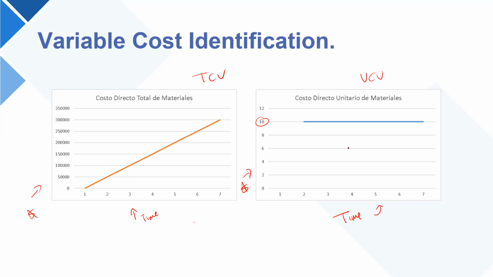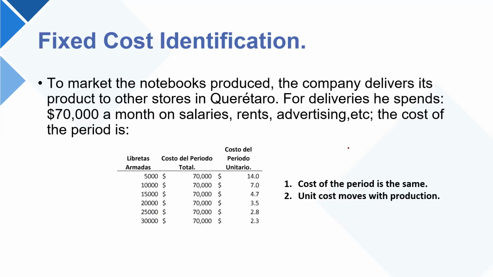If that's what happens with the variable cost, what do you think is going to happen with the fixed cost? It would change. Change how, Katia? The unit cost will increase. It will be variable. It will not be the same. Great, you are really smart, Katia. Thank you. So let's see the same example, but now you have a fixed cost inside the notebooks example, and you have different levels of production. You see, it goes up.